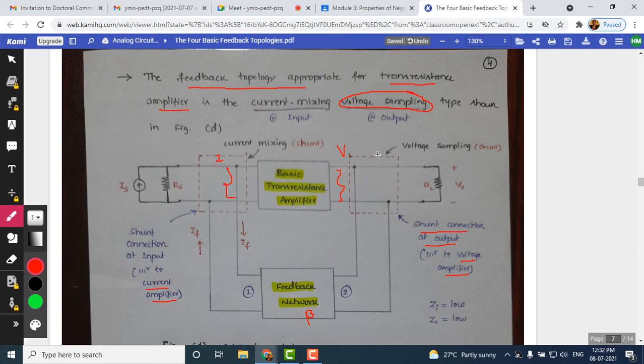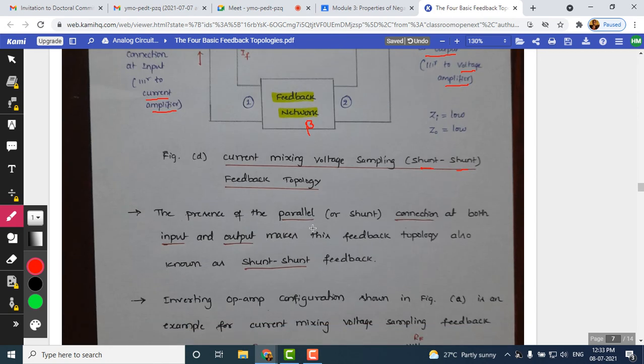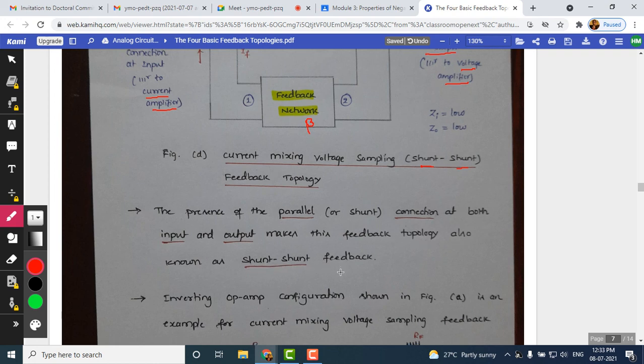So we have here a shunt sampling and a shunt mixing. Therefore this feedback topology is also called current mixing, voltage sampling, or shunt-shunt feedback topology. Okay, the explanation is given here, students can refer to that. The presence of parallel connection at the input and output makes this feedback topology a shunt feedback topology.